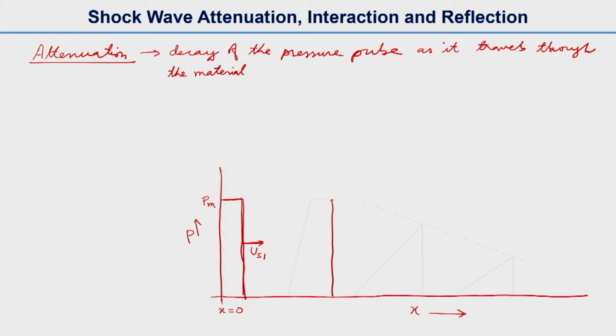Here also the shock front will be the same, maintaining the same peak pressure Pm. So let us assume the velocity is us2, which is nothing but the same as us1 now, and then the portion behind will not be a straight vertical line, it will be an inclined line. It will be a straight line, but it will be inclined.